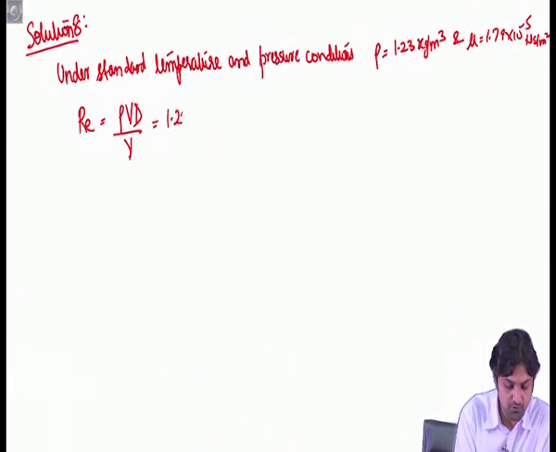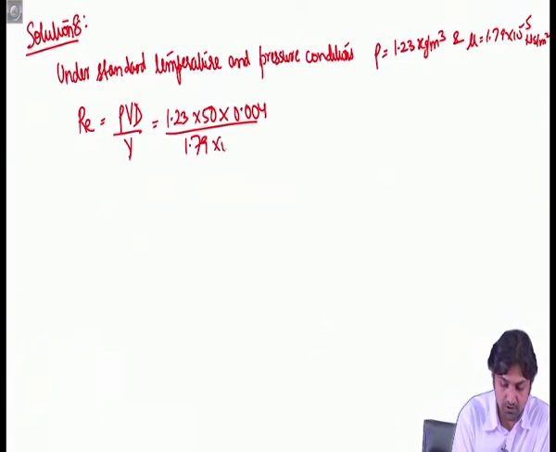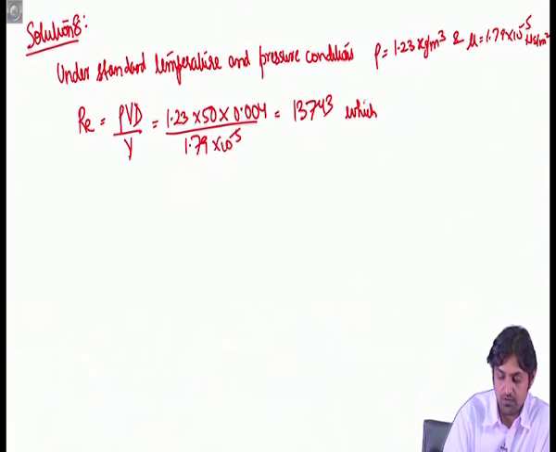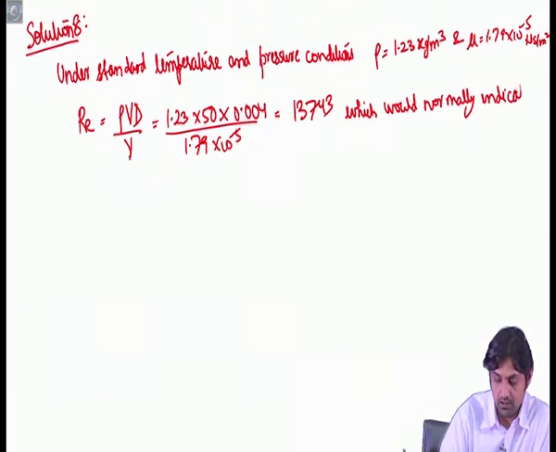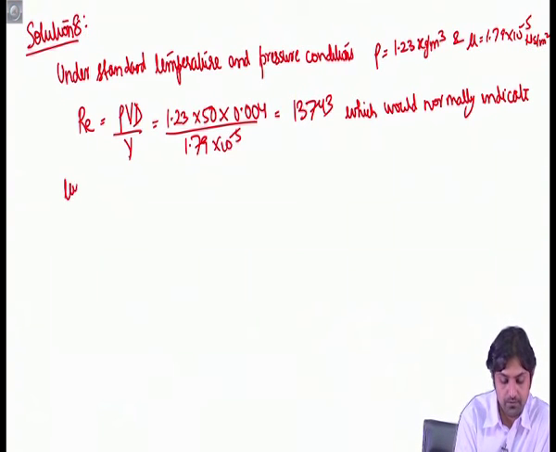So if you put 1.23 into 50, because velocity of 50 meters per second is given, diameter is 4 millimeters, so 0.004 meter, divided by 1.79 into 10 to the power minus 5, this will come to be almost 13,743, which would normally indicate turbulent flow. All right.